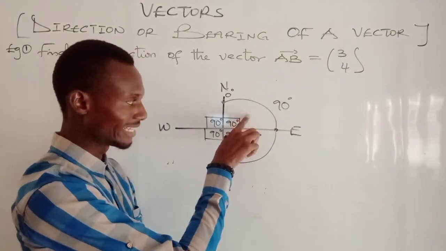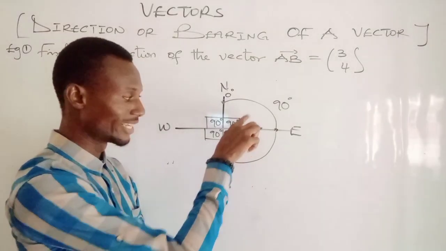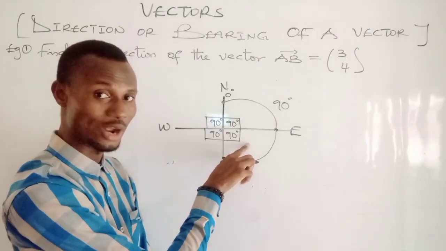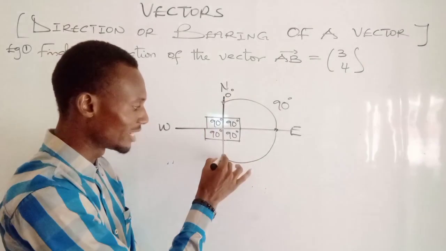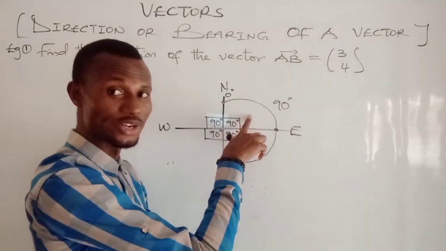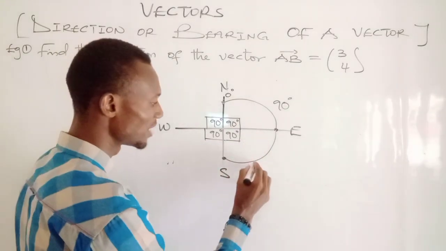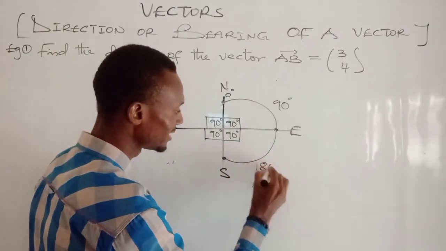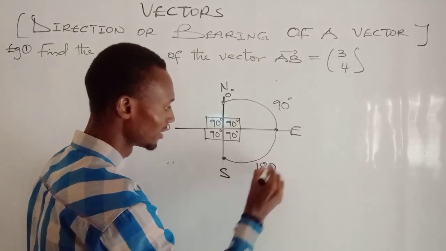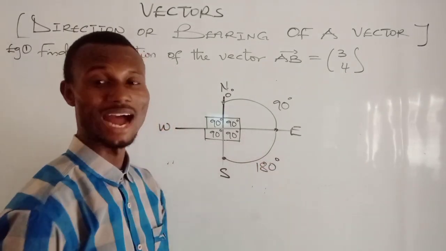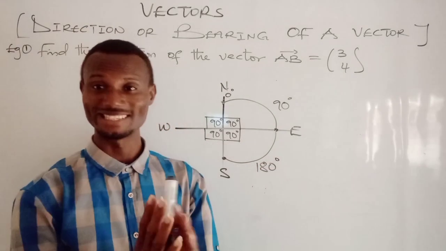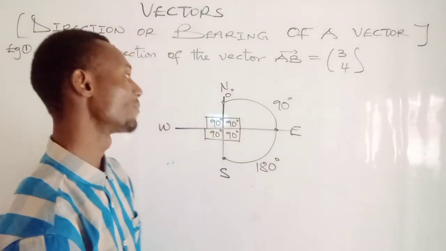Because there's 90 degrees at this quadrant and also 90 degrees at this quadrant. So reading from the north up to the south is 90 degrees plus 90 degrees, which will give me 180 degrees. I hope you understand up to this point. So now let's continue.